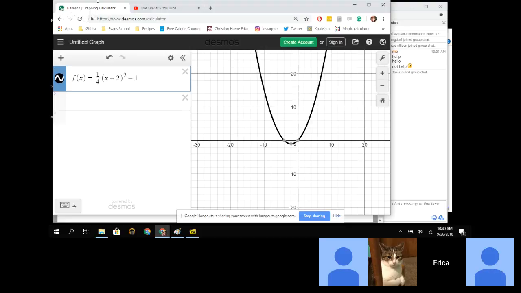So is the original function that's listed a function? Yes, right? Everybody okay that that's a function? All right, there we go. Greta says yes. All right, what about, is there an inverse function?